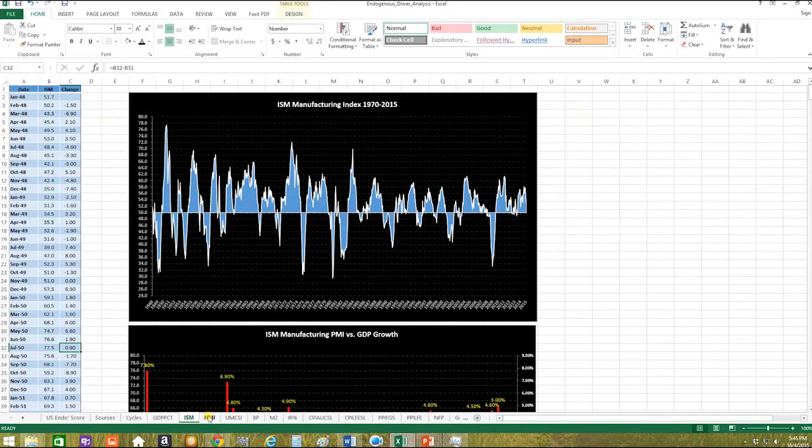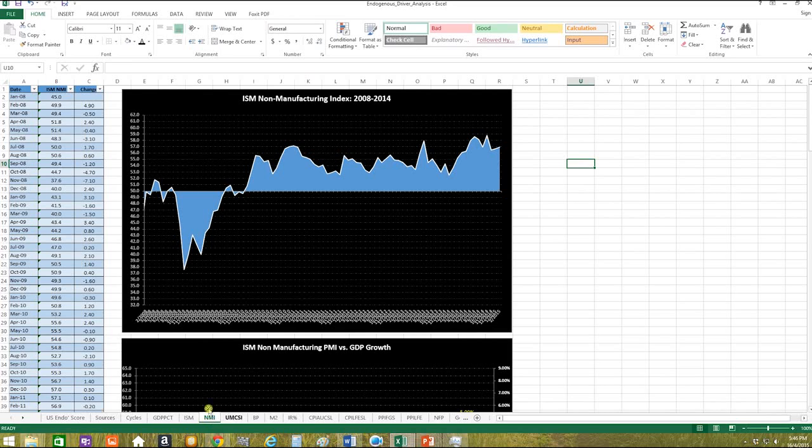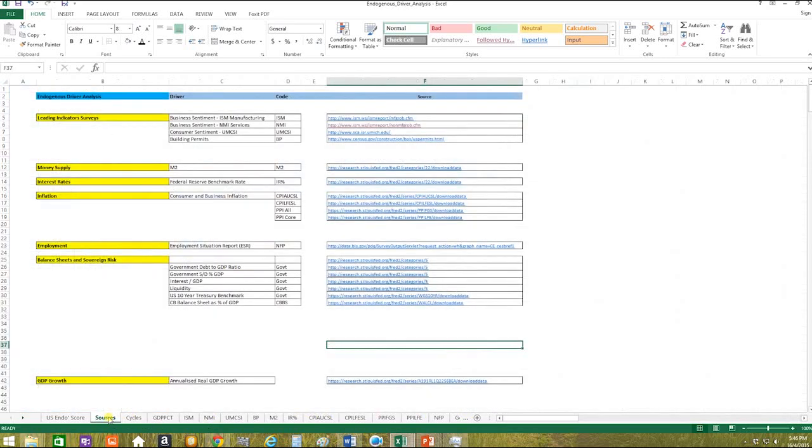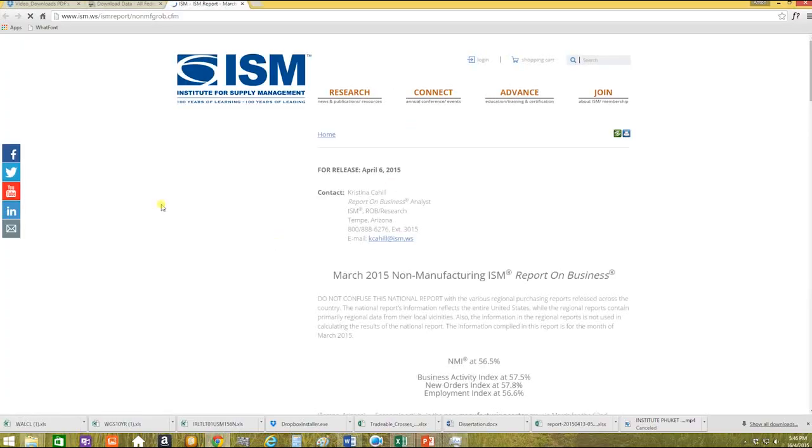What we're doing is we're going into our NMI sheet at the bottom here, the non-manufacturing sheet, and we do pretty much exactly the same analysis with the non-manufacturing index as we did with the ISM manufacturing index. Now, if you recall, we have our sources over here, and our business sentiment for the non-manufacturing index, the NMI, is exactly the same source, the ISM website.